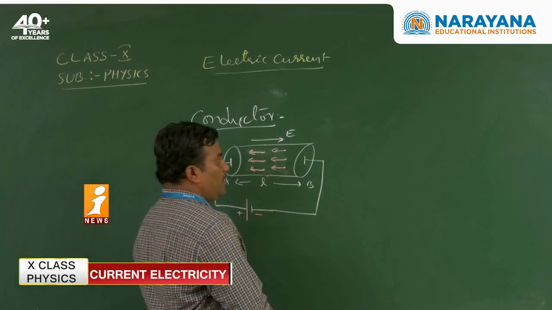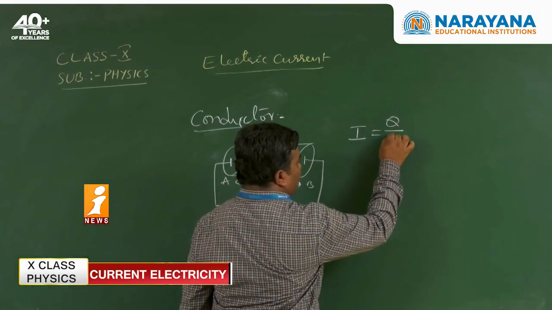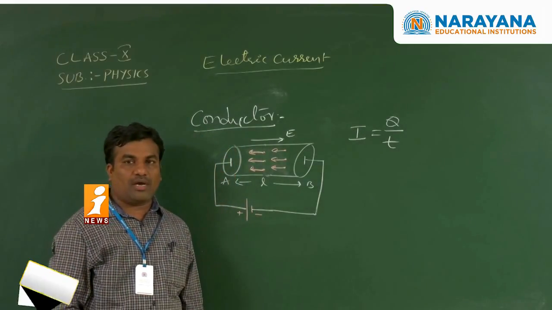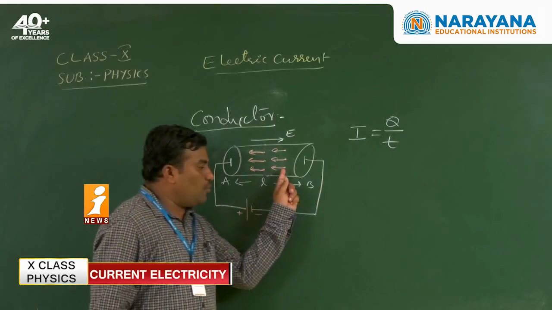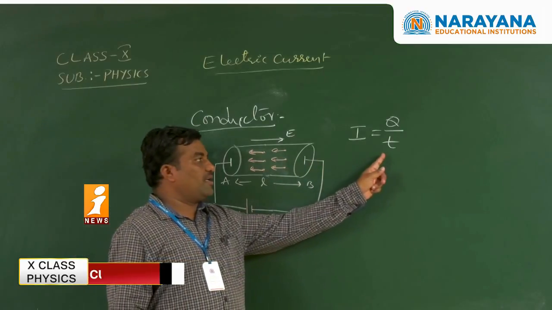So I am writing here, I is equal to Q by T. Q is the amount of charge crossing any cross section of the conductor in time interval T.